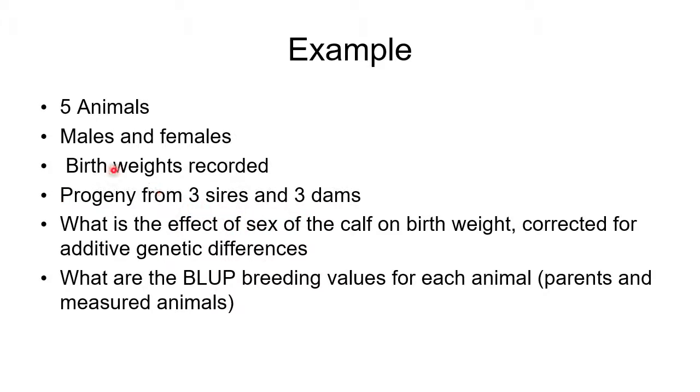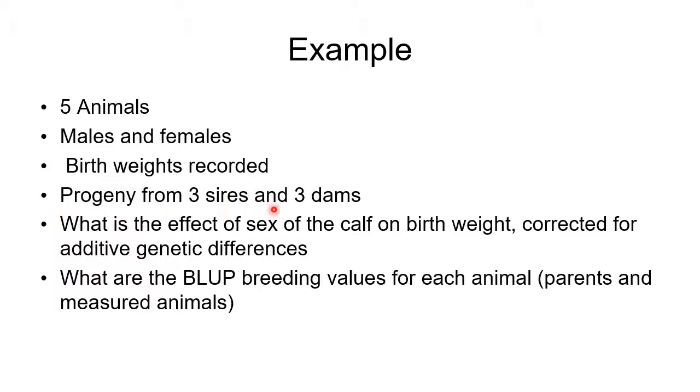So let's say, for example, these 5 animals were the progeny of 3 sires and 3 dams. One could ask the question, what is the effect of sex of the calf on birth weight, corrected for additive genetic differences?